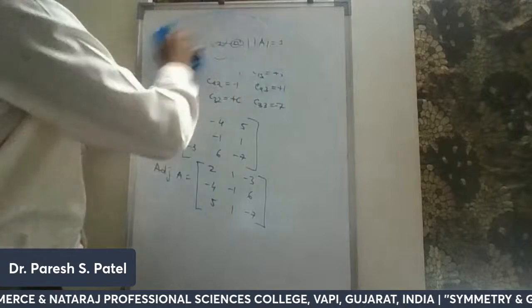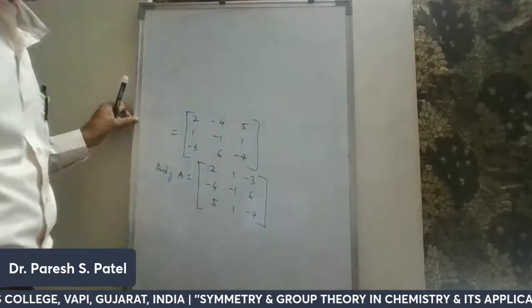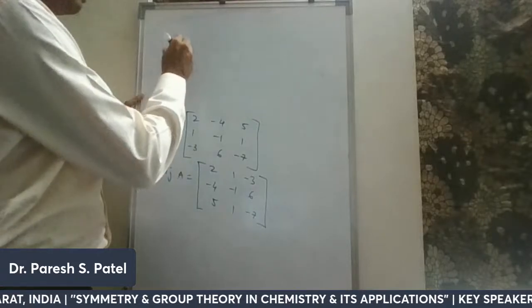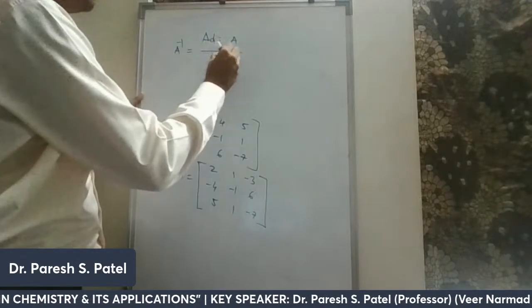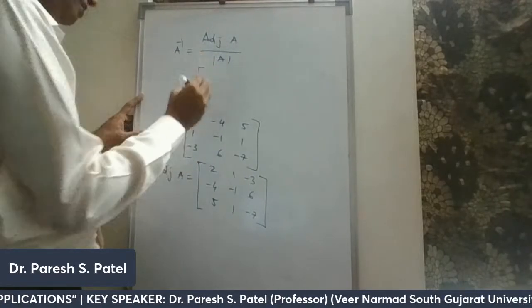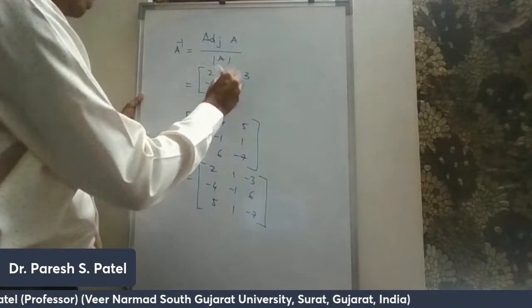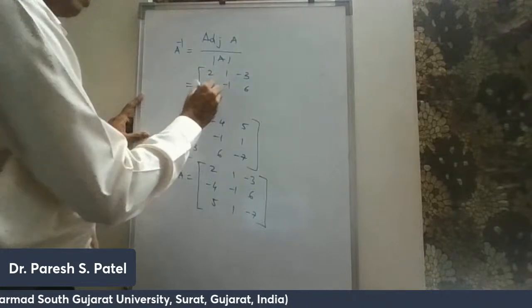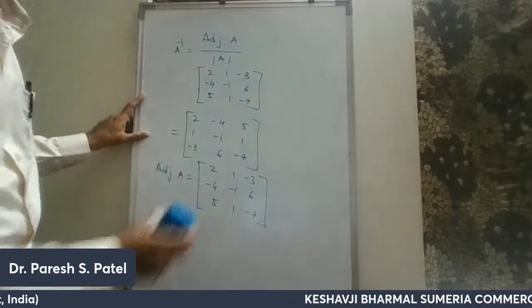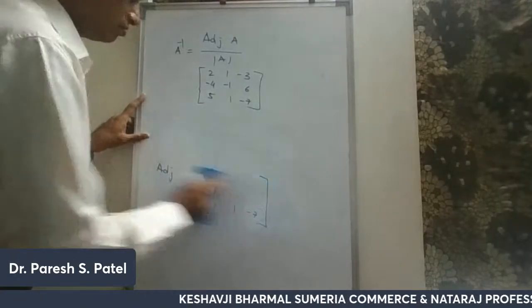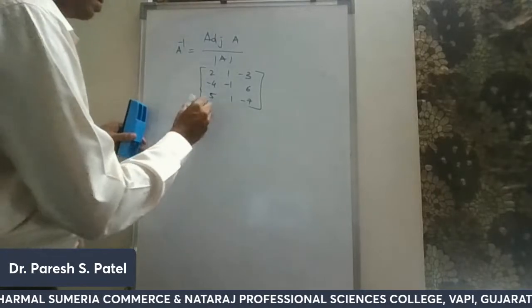So A inverse is equal to adjoint A divided by the determinant of this matrix, which is adjoint A, 2, 1, minus 3, minus 4, minus 1, 6, 5, 1, minus 7, divided by 1.